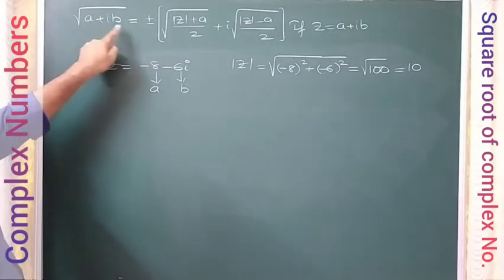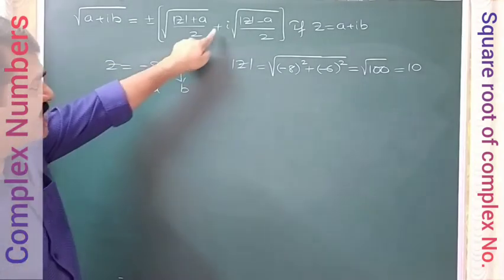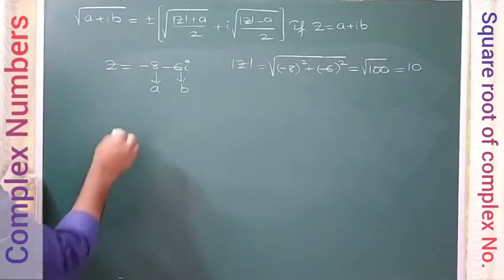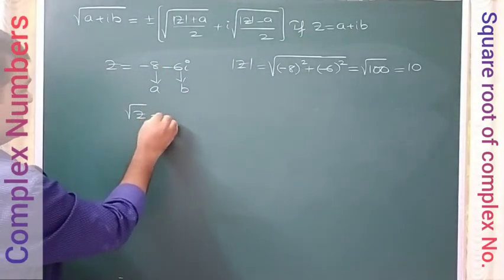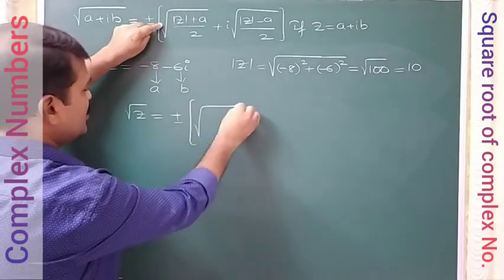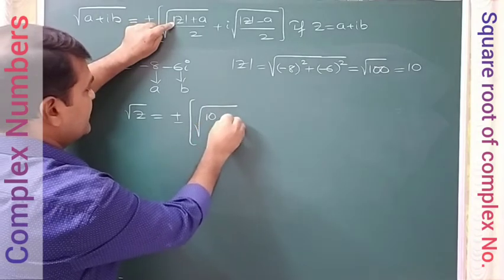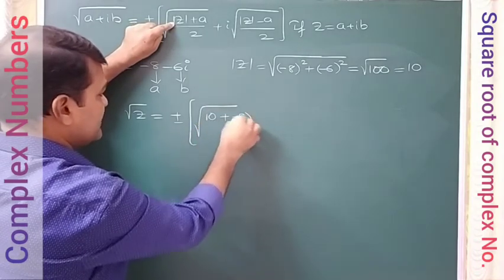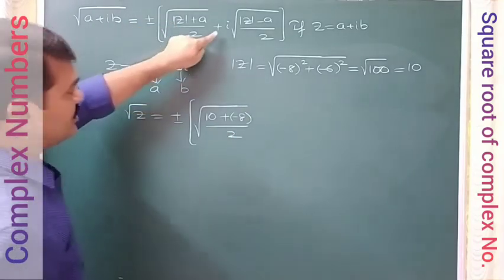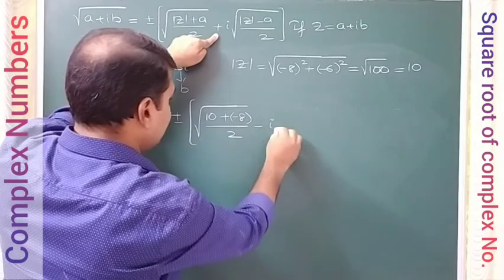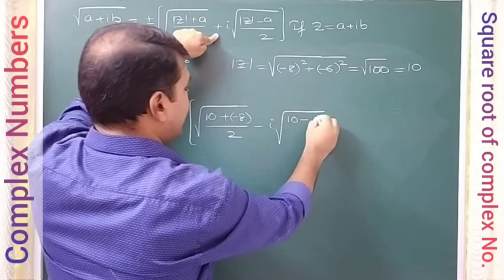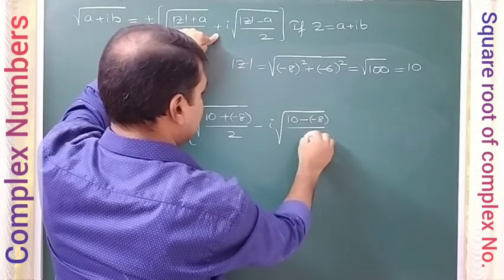B is negative here, therefore in the formula, in between the terms, you have to take minus. So square root of z will be plus or minus under root of (mod z, means 10, plus a, means minus 8) by 2, then b is negative, so you have to take minus here, minus i into under root of (mod z, 10, minus a, means minus 8) by 2.